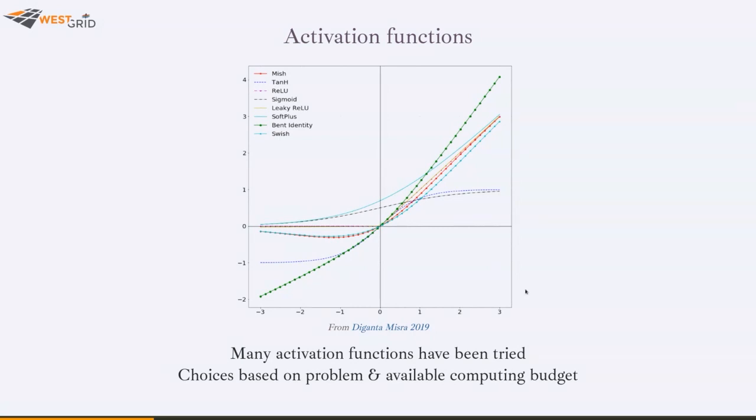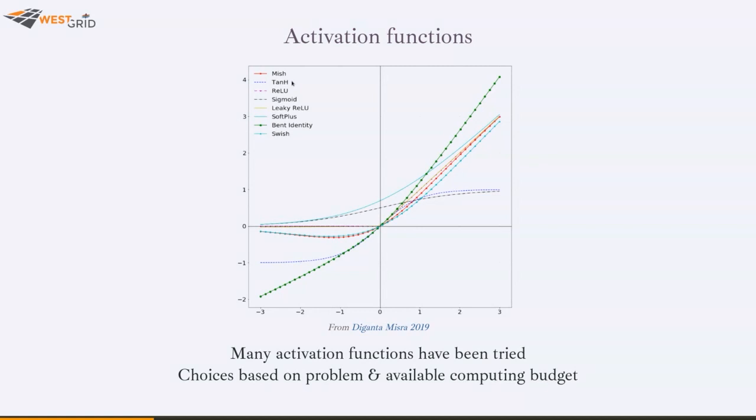Many activation functions have been tried, and the one people use depends on the problem at hand and also on the computing budget, because some are more demanding than others. Over time, new ones are being developed.